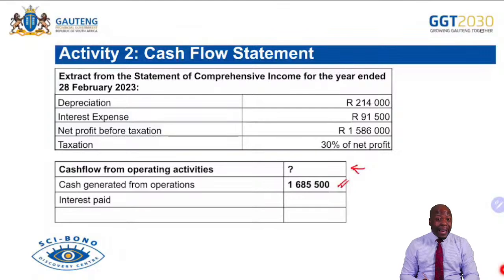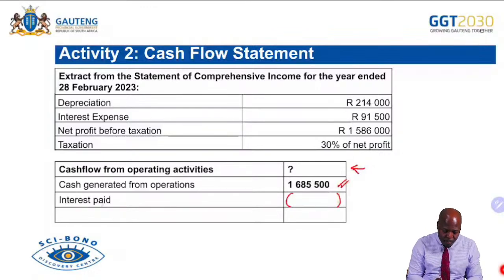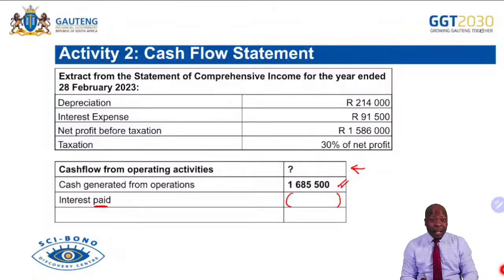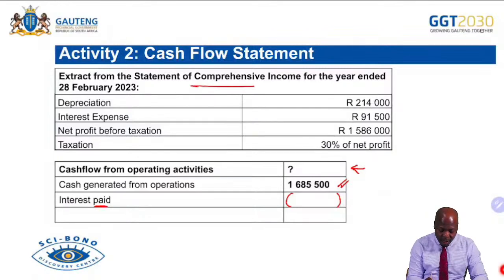So as I start with my interest paid, before I even do anything, I'm just going to put it in brackets. I know once it says paid, it is going to be a cash outflow. So how much is my interest paid in this case? Where are we supposed to look? We look in the extract from the statement of comprehensive income.